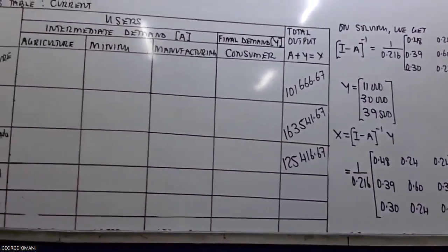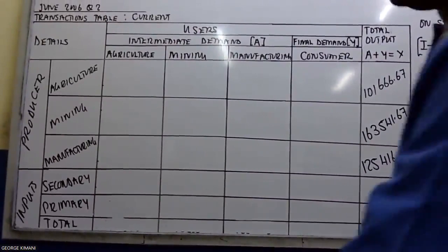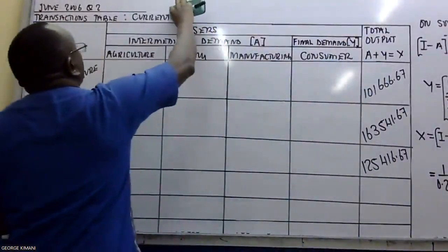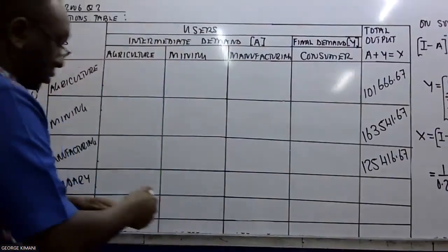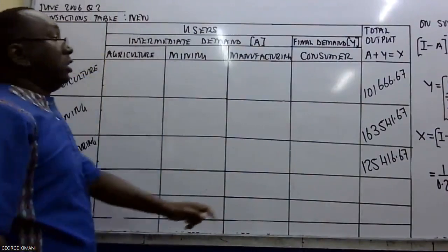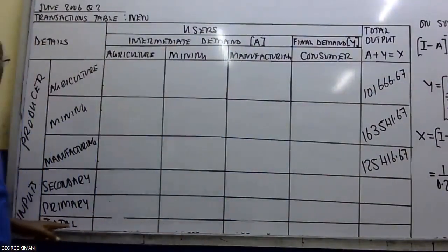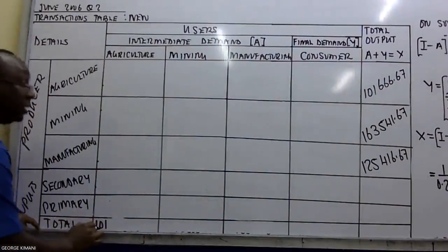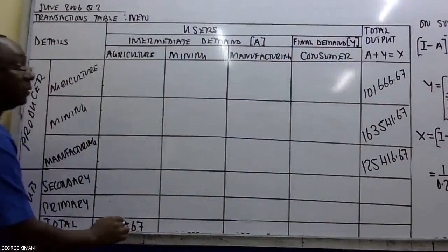Now, as I told you, the total output here will always be equal to the total input. So here, this will be 11666.67.